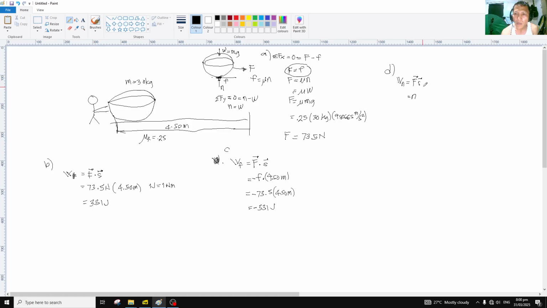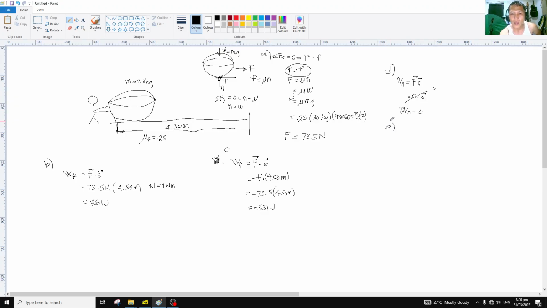Kaya lang yung problema, mayroon ka bang displacement na papunta dito? Kasi mag-perpendicular yan. So pag perpendicular yan, wala kang scalar product dyan. So basically, your work for the normal force is yung S mo ay wala kang displacement papunta sa direction ng normal force. So this would be 0. So yung work ng normal force mo would be 0.